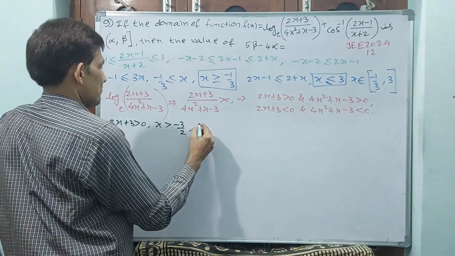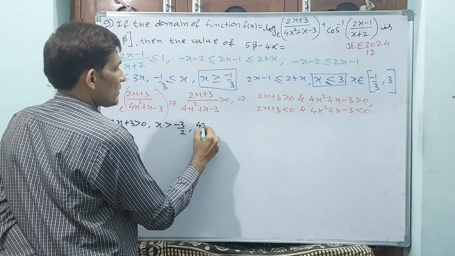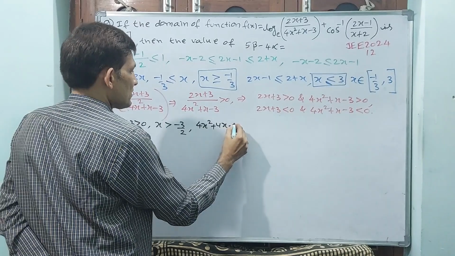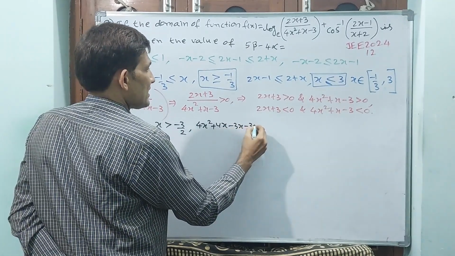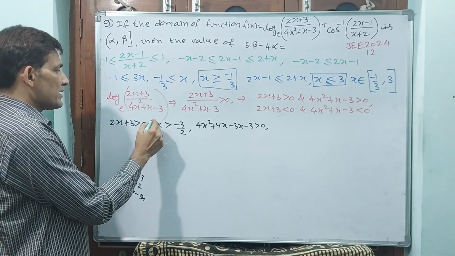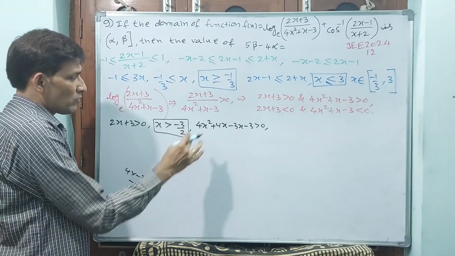Let me write. Also, 4x square plus 4x minus 3x minus 3 should be greater than 0. Okay? Now both together we are taking, this already we have got. We have not yet finalized it, wait, because we have to see both.